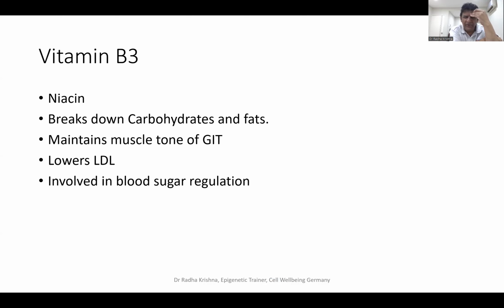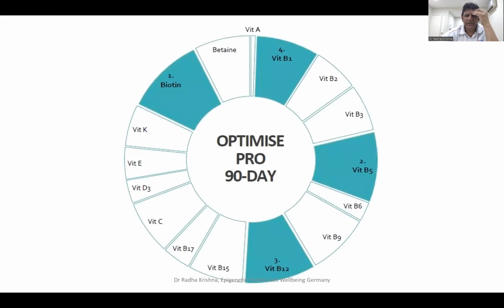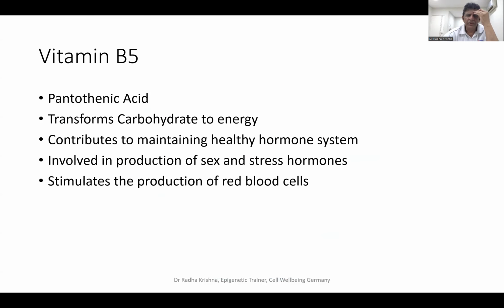Some people will have a very bad reaction. So B3 deficiency is basically related to cholesterol. And then you have B5. B5 is pantothenic acid, and it is involved in production of sex hormones and red blood cells and the rest of it.